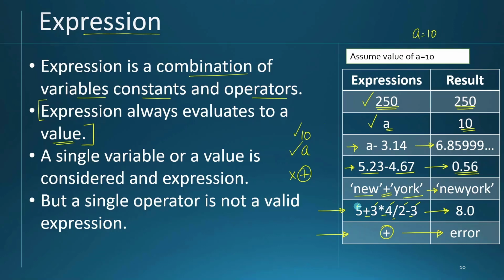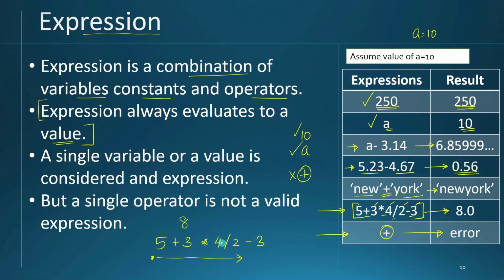Now before we go to the next slide, let us see this expression in a little more detail. I will write 5 plus 3 into 4 divided by 2 minus 3. Let me try to evaluate from left to right. 5 plus 3 will evaluate to 8.